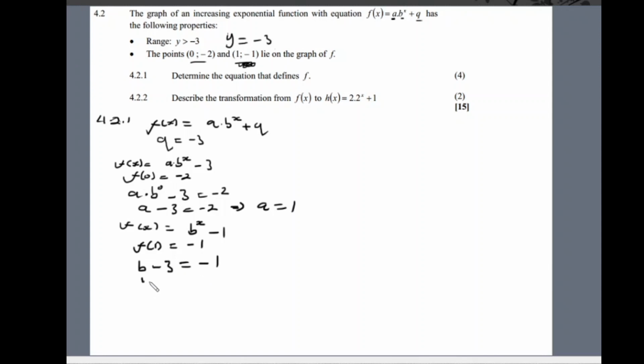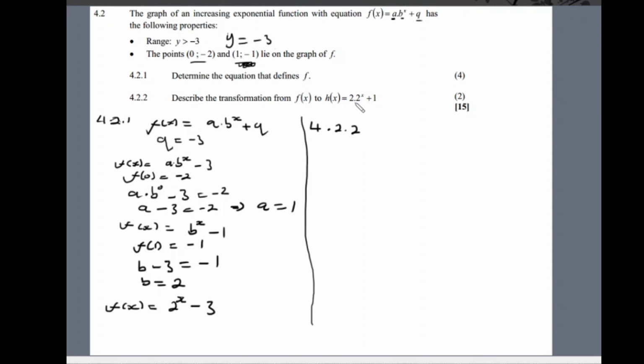Then solving for b, b is equals to 2. So now my equation is f of x is equals to 2 to the power x minus 3, right? That is 4.2.1.